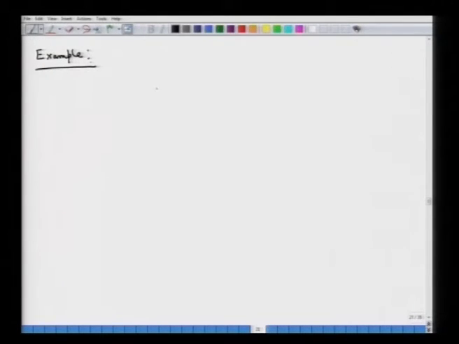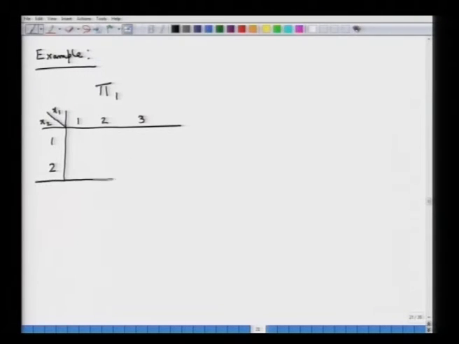We look at the following example, with two populations pi 1 and pi 2. Let me first write the joint distribution corresponding to the pi 1 population. It is a bivariate discrete distribution. These are the two variables x 1 and x 2. X 1 takes one of the values 1, 2 and 3, and x 2 takes one of the two values 1 and 2.